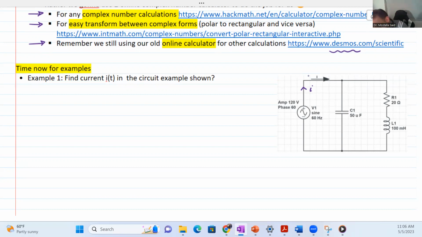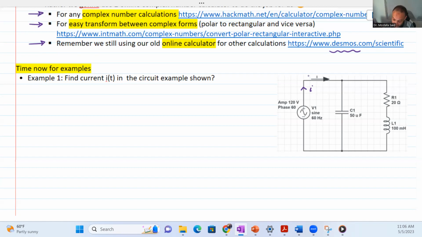So good. We said at the beginning that we can use any methods we learned in DC here in AC. So we can use mesh, nodal analysis, Ohm's law, any one of these. What I'm gonna do is solve this circuit in two ways and leave you another way to do it yourself. I'm gonna do Ohm's law, very simple, and nodal analysis, then leave you with mesh analysis.